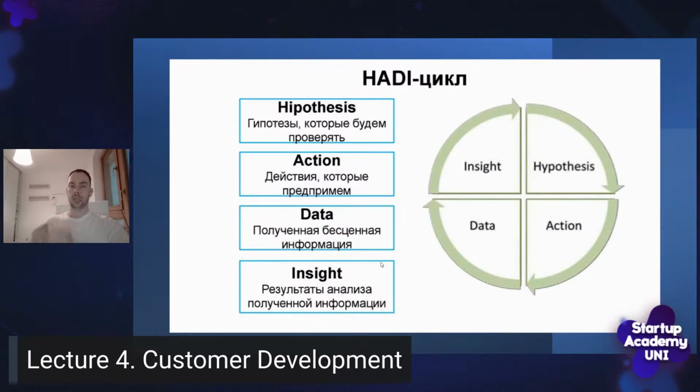We have some ideas, some assumptions about how the world looks. Then we need to generate some actions to confirm that. On the next stage, we collect data and analyze it to understand if we confirm our initial hypothesis or not.